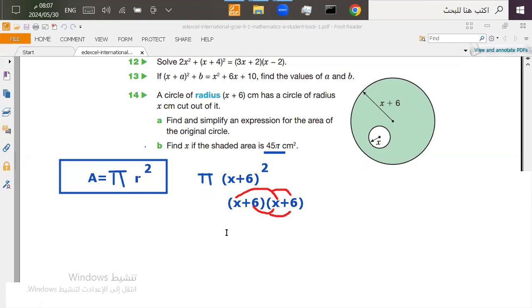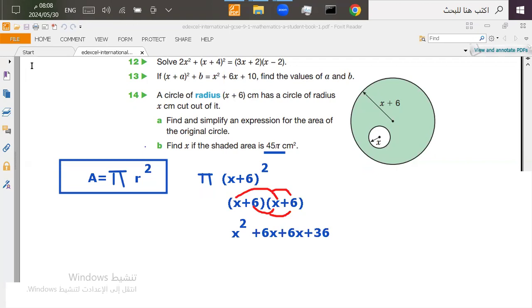So here I have x squared, first one. And then x times 6 is going to be plus 6x here. And then 6 times x is going to be plus 6x. And then 6 times 6 is going to be positive 36.